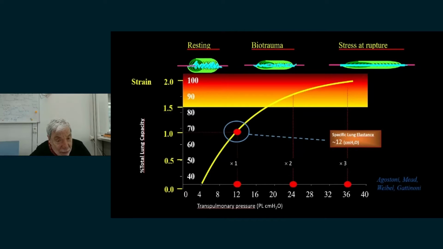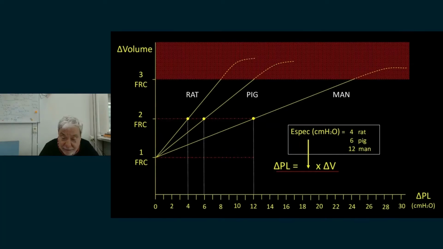Usually in man, when 12 centimeters of water of transpulmonary pressure is applied, we double the FRC. Of course, animals are different. So be careful when you read in the literature, for example, that protective lung ventilation was applied to mice with 6 milliliters per kilo. It is completely different from man.